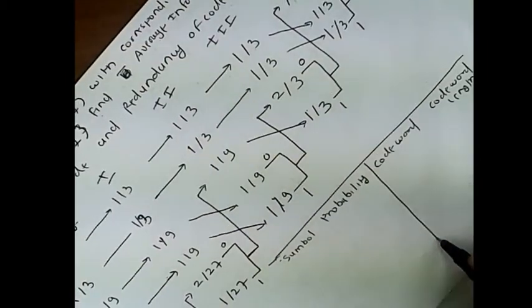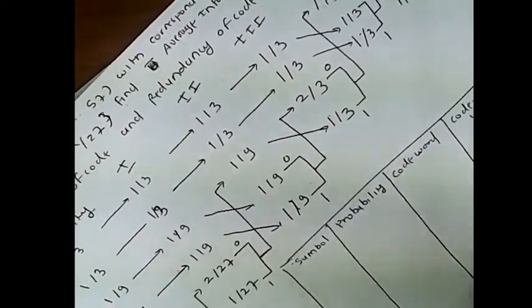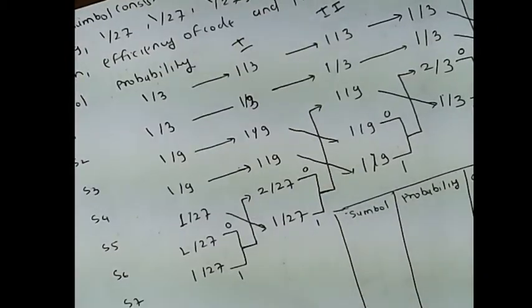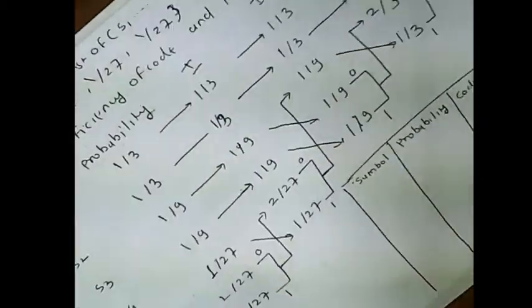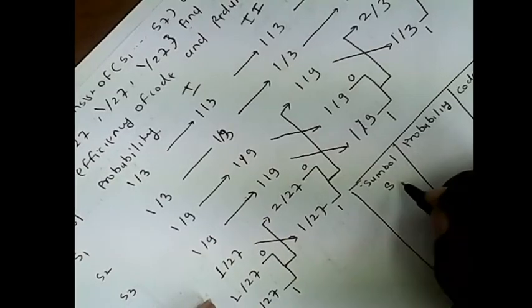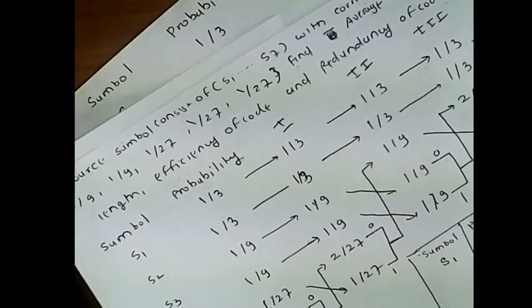So first symbol is S1 having probability 1/3. For that, we can find out the code word.